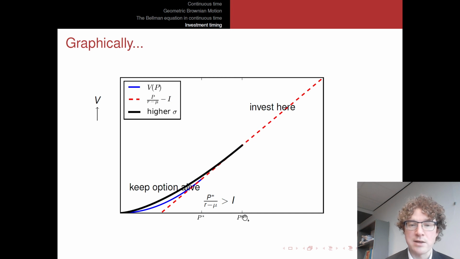So with a higher volatility, we'll have a higher threshold, P with 2 stars, at which the black line matches the NPV, and you see that the option value is now always higher than the option value that we had with the lower sigma. So the higher sigma yields a higher option value V of P, represented by the black line.